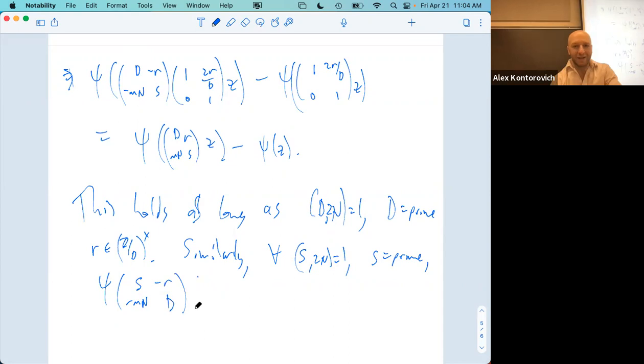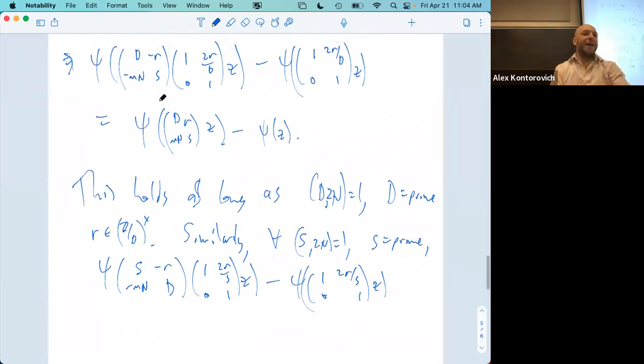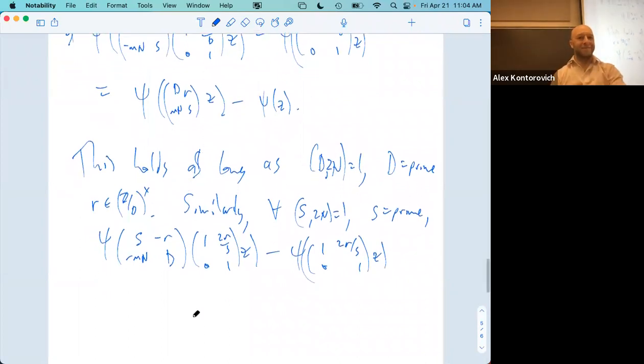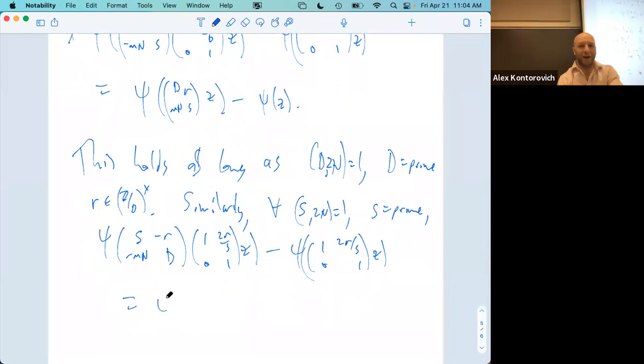Everything else is the same, times 1, 2r over s, 0, 1, z, minus psi of 1, 2r over s, 0, 1, z. This was true for any d. I'm just replacing the letter d with the letter s. Okay, I want to have both of these in play. S, R, M, N, D of z minus psi of z. Okay.